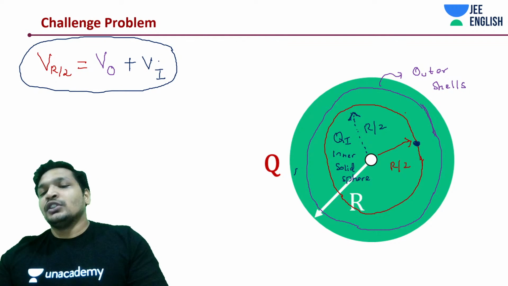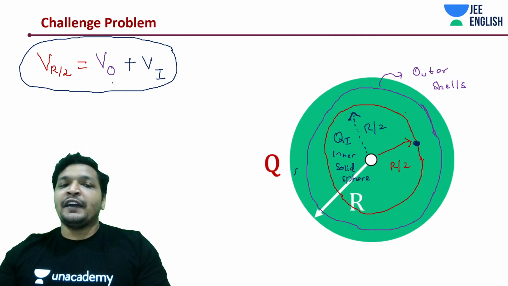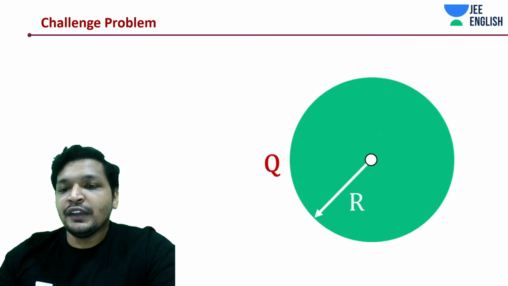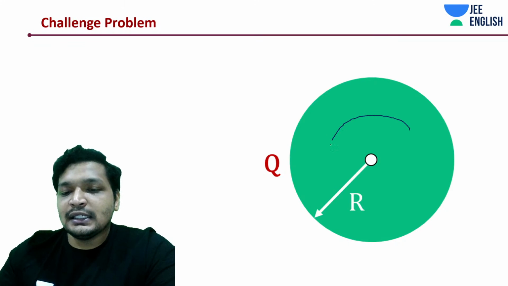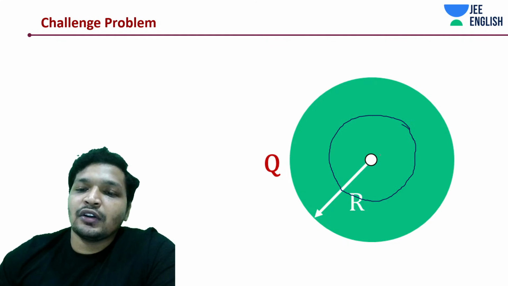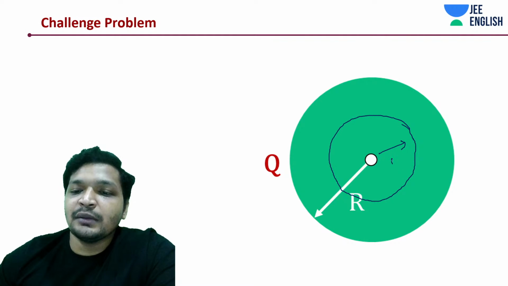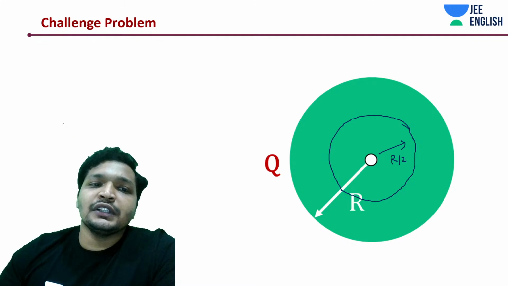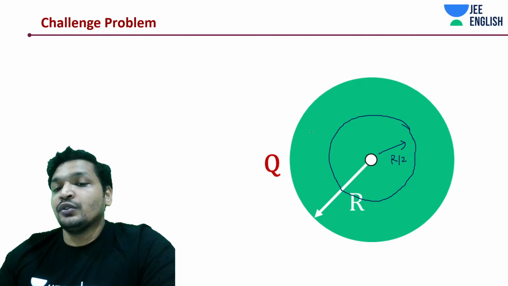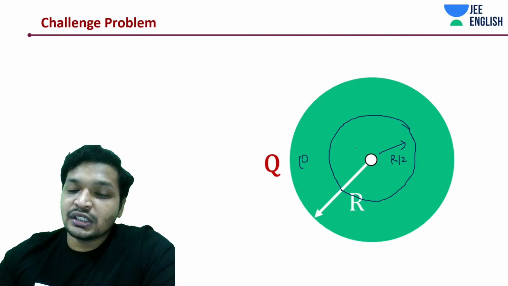All right, so first of all, we need to calculate V inner, then we'll find V outer and add them up. V inner, according to me, is rather easier, so we'll get started with it first. It acts as if all the charges are concentrated at the center and it's at a distance r by 2, as if it's the surface potential of that sphere with radius r by 2. The spatial charge density rho is a constant value in this case.